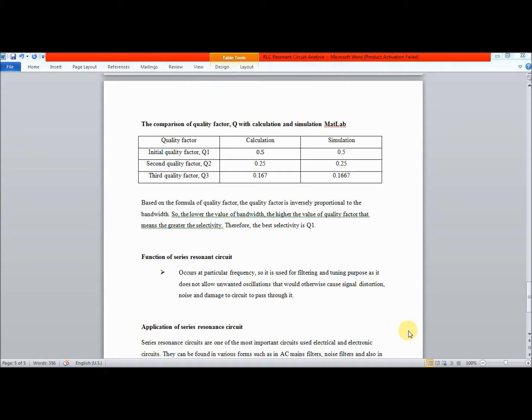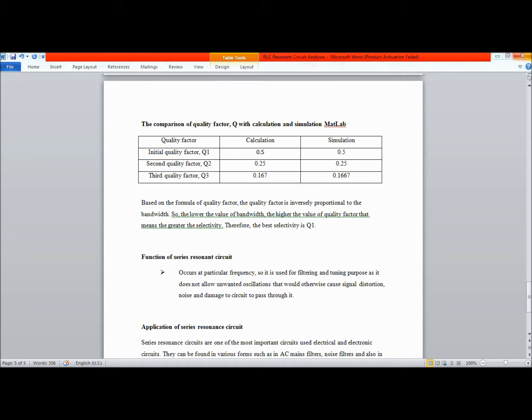Based on the formula of quality factor, the quality factor is inversely proportional to the bandwidth. So, the lower the value of bandwidth, the higher the value of quality factor. That means the greater the selectivity. Therefore, the best selectivity is Q1, the initial quality factor.